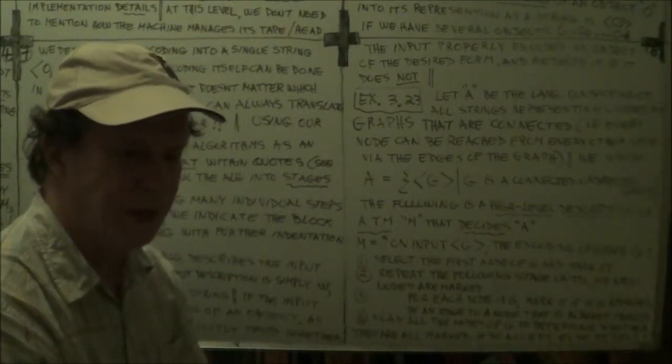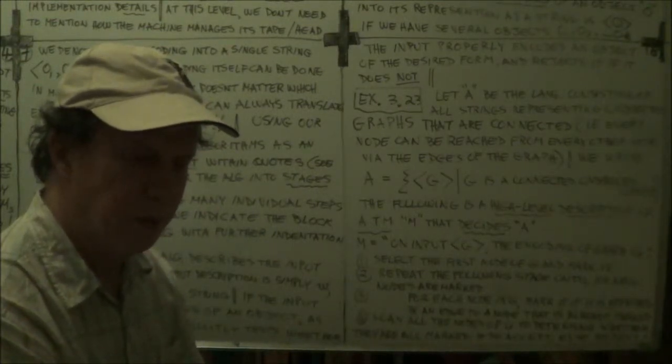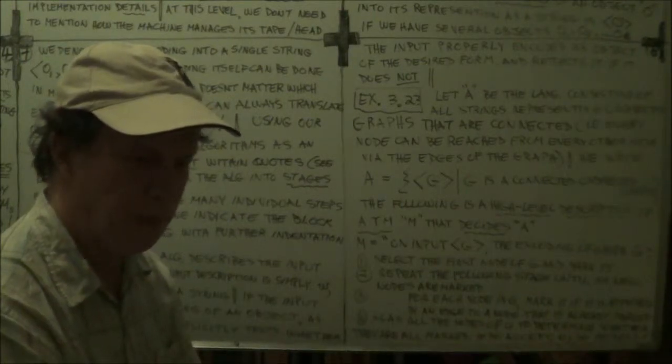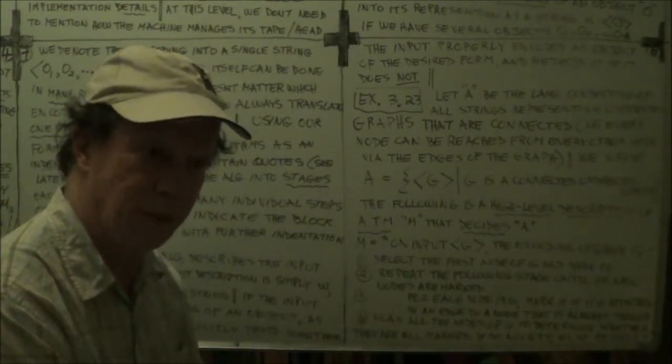Now deciders are recognizers. Can you see that? If you don't see that, let me try and explain why that's the case. If a machine decides, that means if a string does have the property in the set, the decider will accept it.